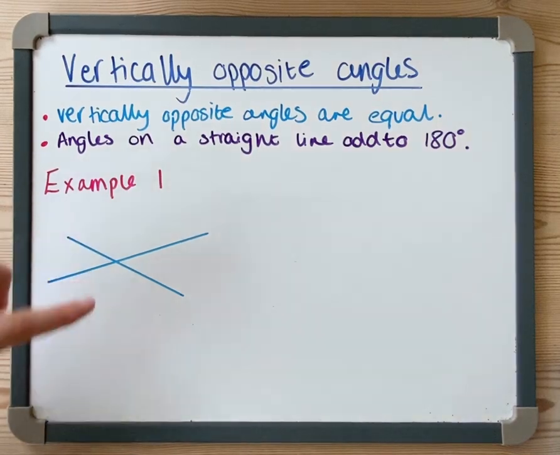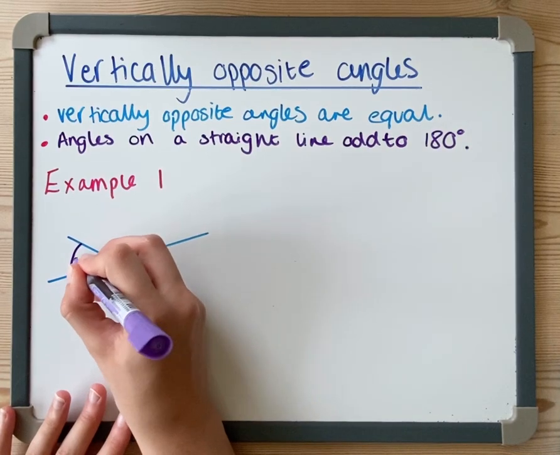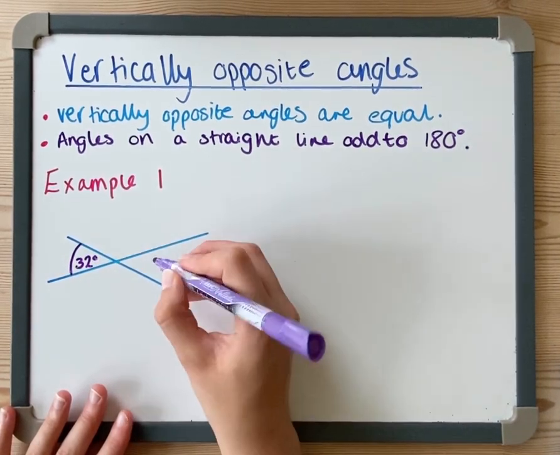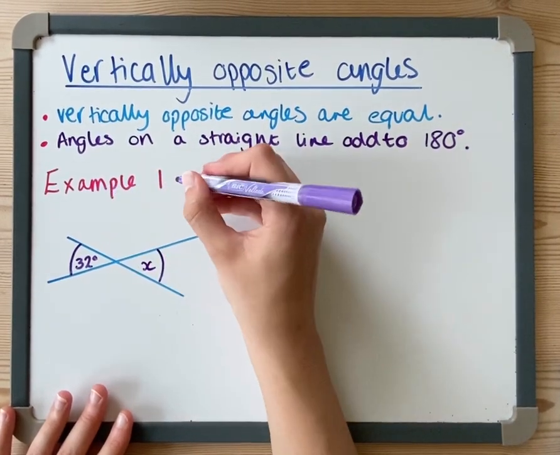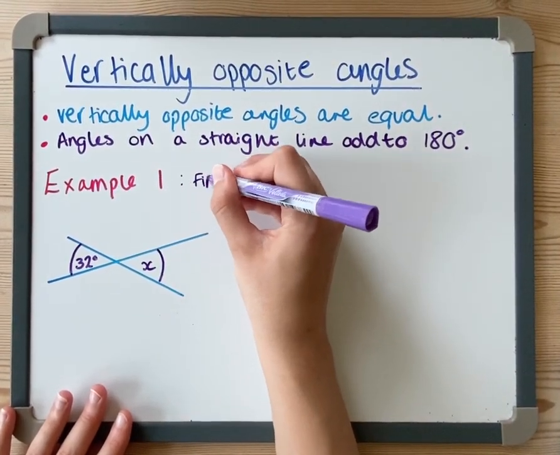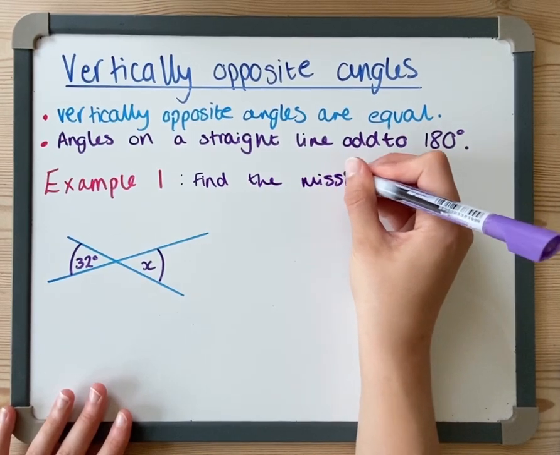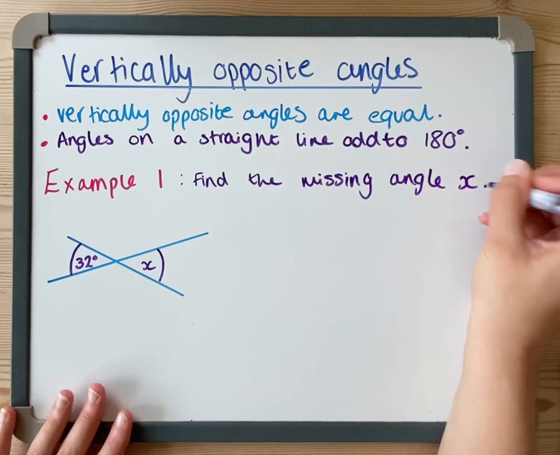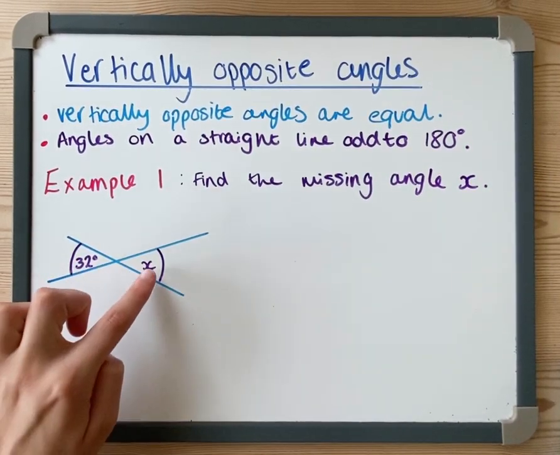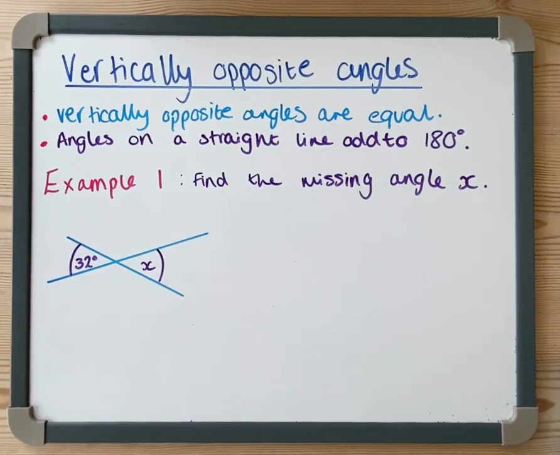So we've got these two lines that are crossing each other, they're intersecting, that means crossing. We've got that this angle here is 32 degrees, and our question is, find the missing angle X. So we've got this one's 32 and this angle here is X that we don't know, so we need to find out what that is.